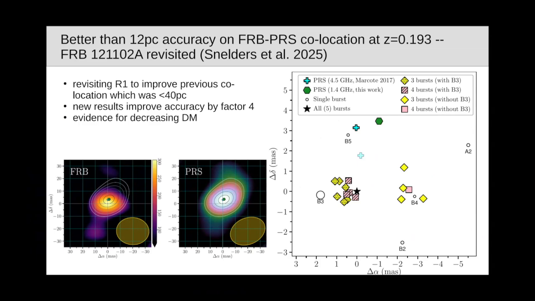If you just have one burst, you're never going to say, okay, this is the localization, because something is always funky. The main point here being, be careful about the geometry. And it's just trying to be honest, right? If we take this combination of bursts, we get this. If we take that combination of bursts, we get that. And we need to have really good arguments to say we're deciding on this location because this is the best for such and such reasons. It matters what you do. That's all.